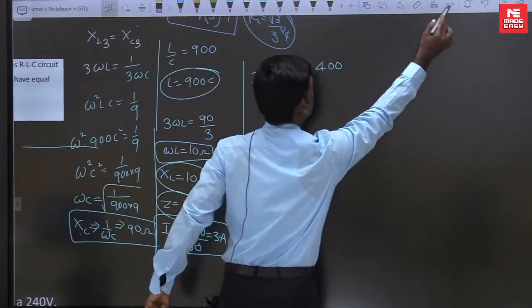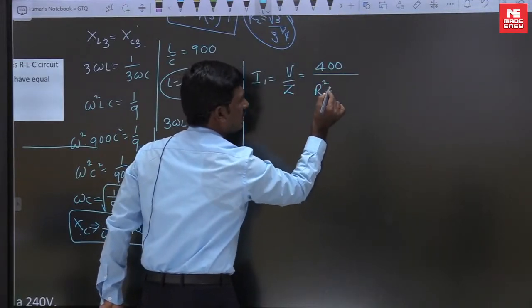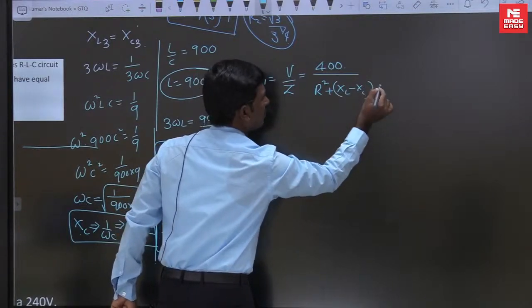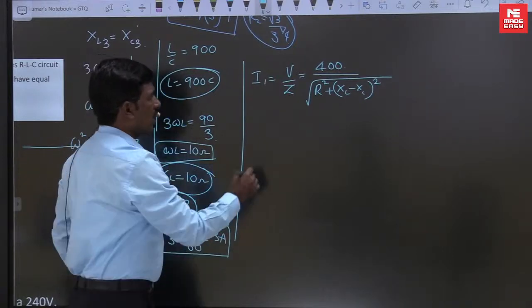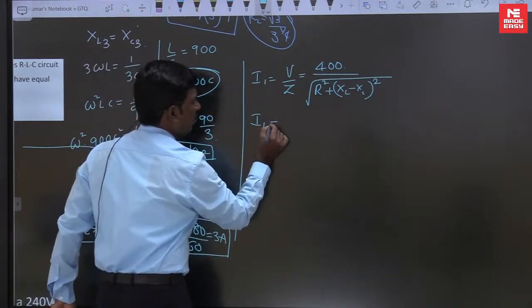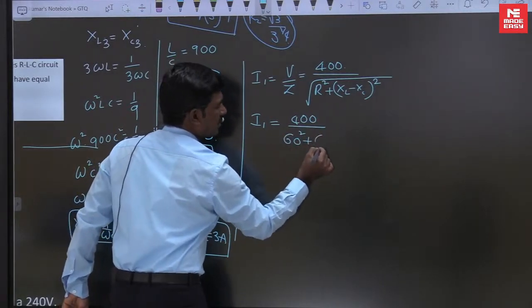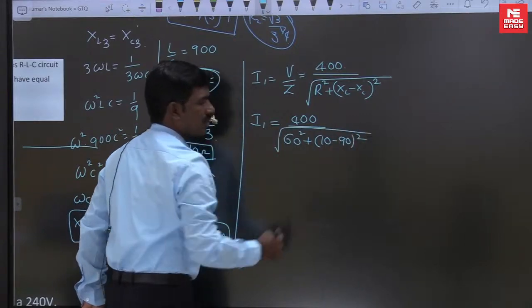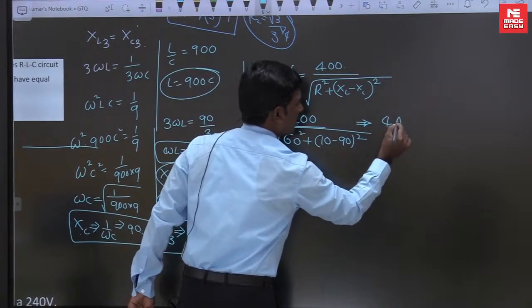Z is equal to the square root of R square plus (XL minus XC) whole square. So I1 RMS is 400 by the square root of 60 square plus (10 minus 90) square, with the XL and XC values. So 60 square plus 80 square gives 100, so 4 amperes.